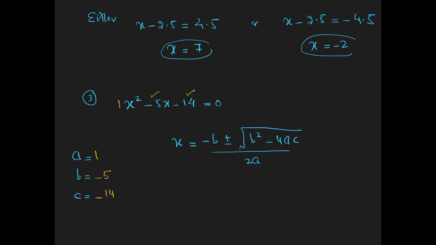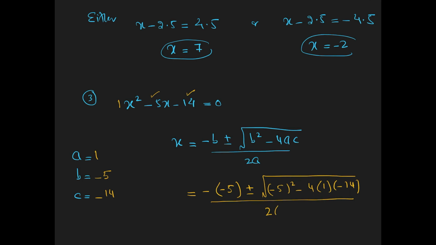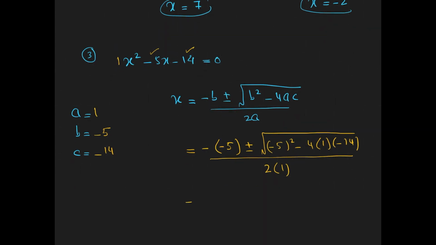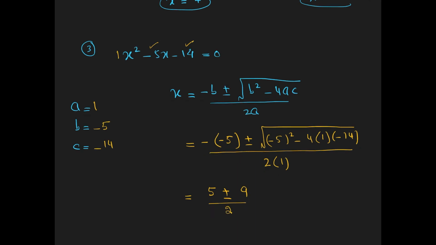So plug in these values into the formula, you will get minus into minus 5 plus minus square root of minus 5 square minus 4 into a into c, whole divided by 2 into a, which is 1. And further simplifying it, you will get 5 plus minus, solving this whole thing, you will get 9 over 2.